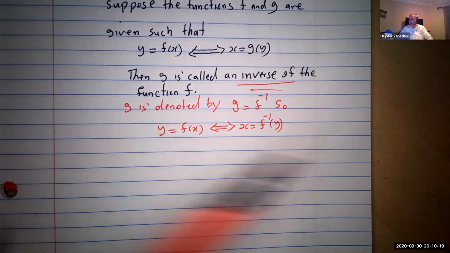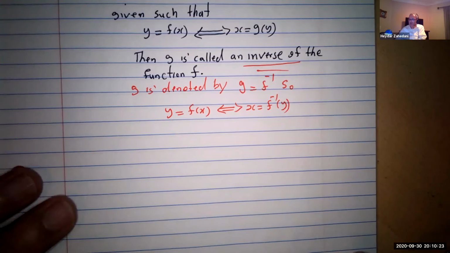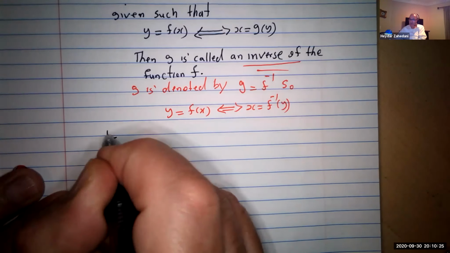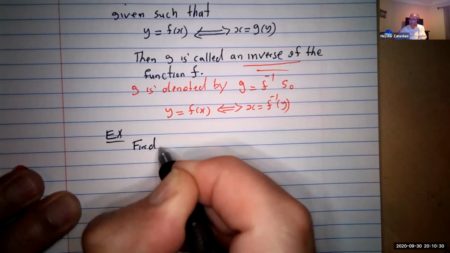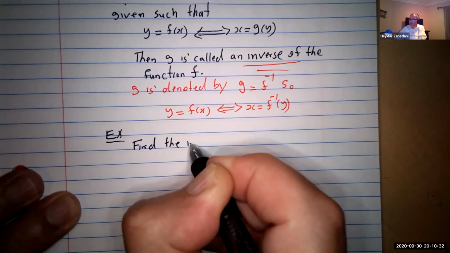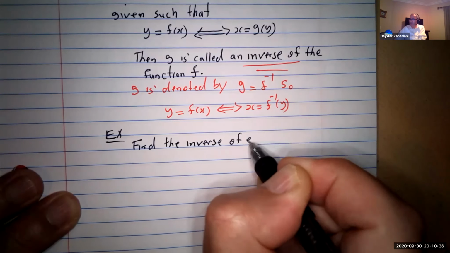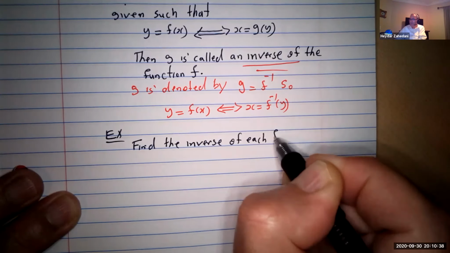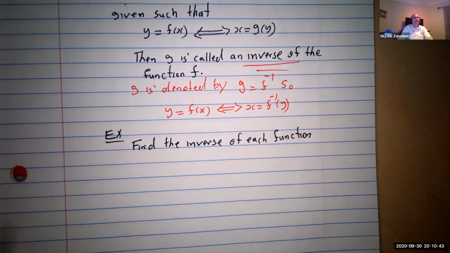Okay, let's give an example to explain how we're going to do it. Example: we would like you to find the inverse of each function. There are only 3 possibilities, and we give all these 3.